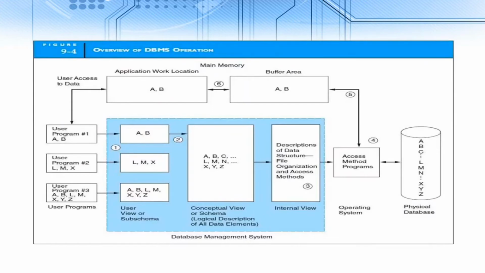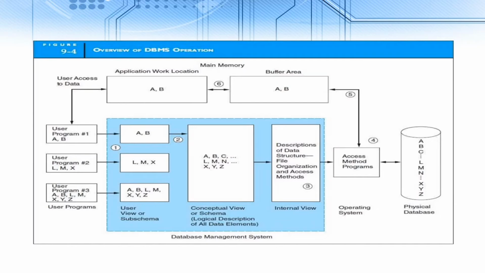Here's an overview of the database management system operation. So first, the user program sends a request for the data to the database management system, and the call is written in a special data manipulation language that is embedded in the user program.